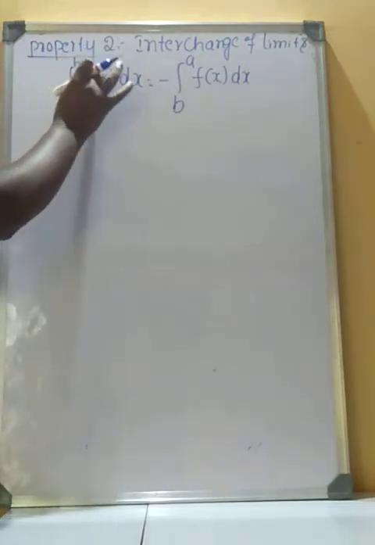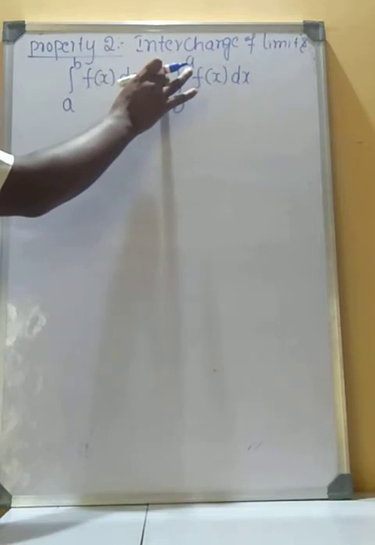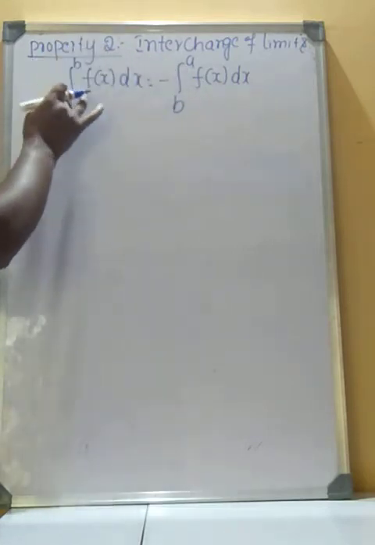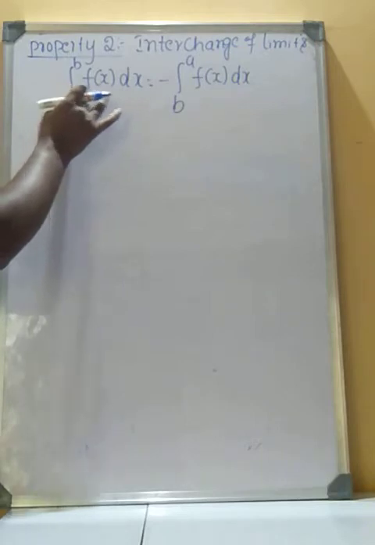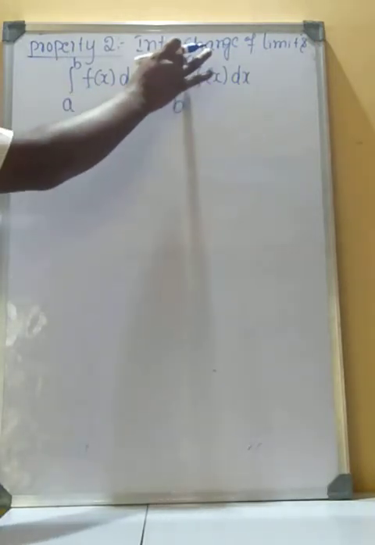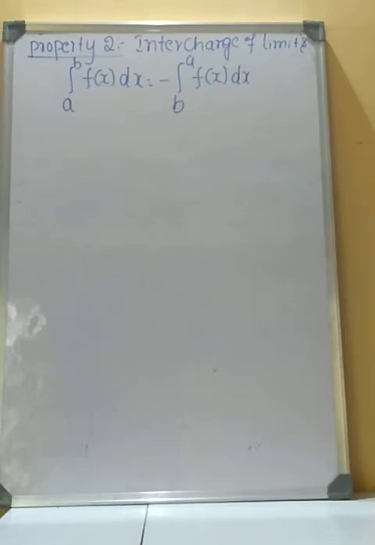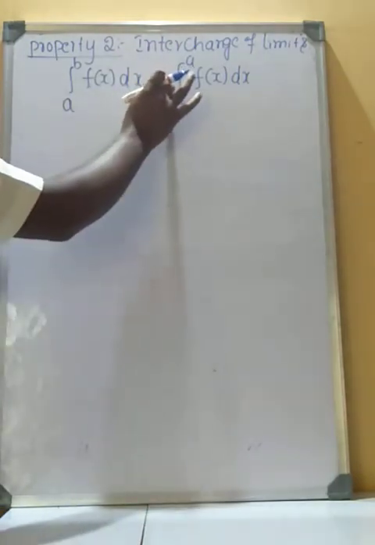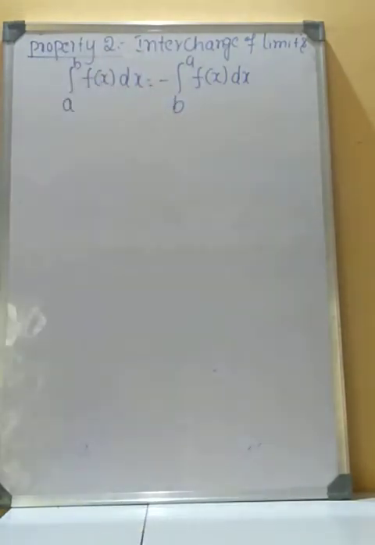Integral a to b f of x dx is equal to, so interchange the limits. The lower limit here is b, the upper limit is a; interchange the limits, that becomes minus integral b to a f of x dx.